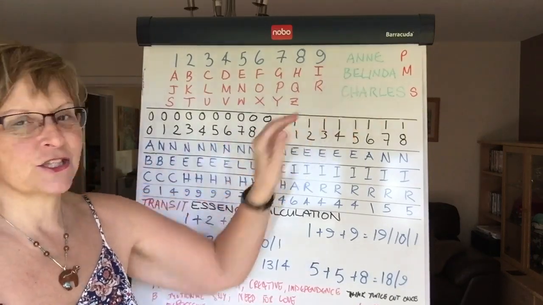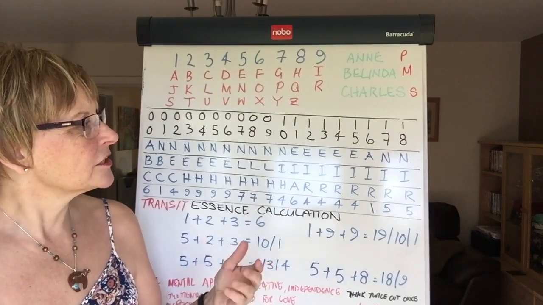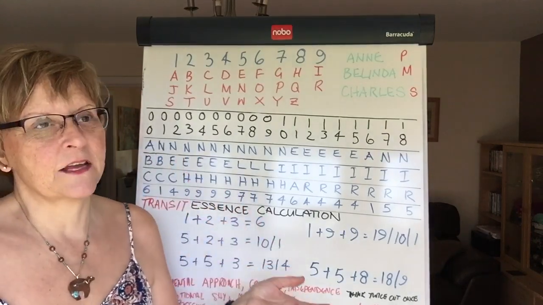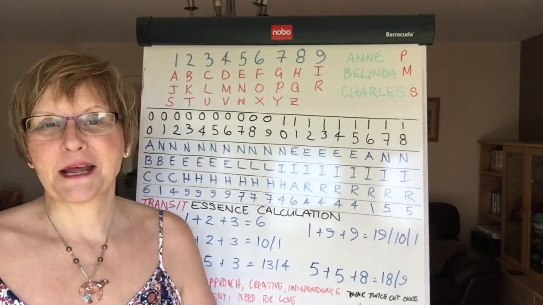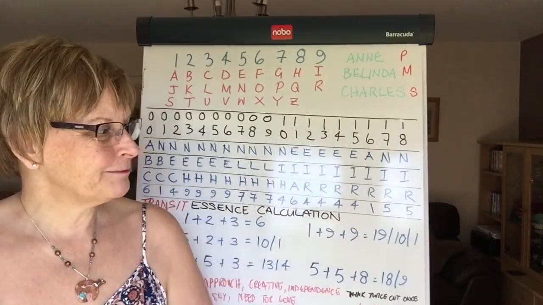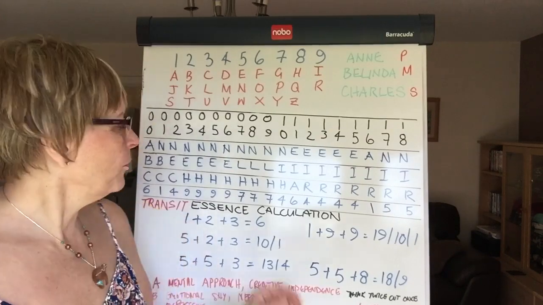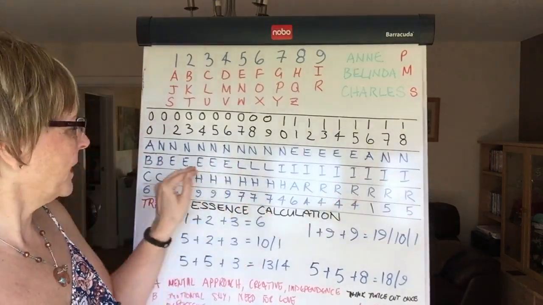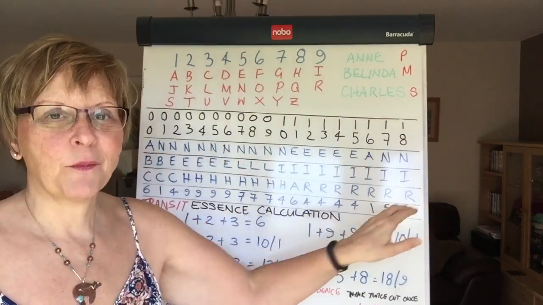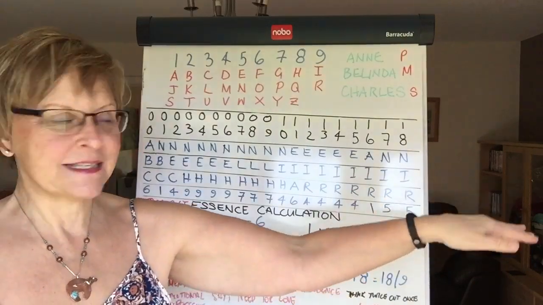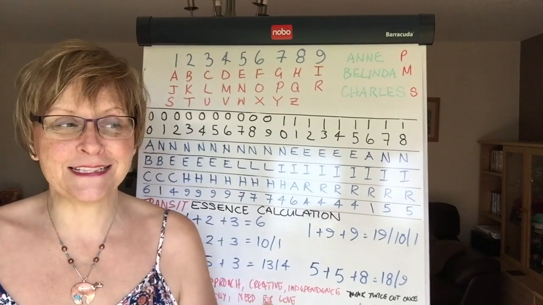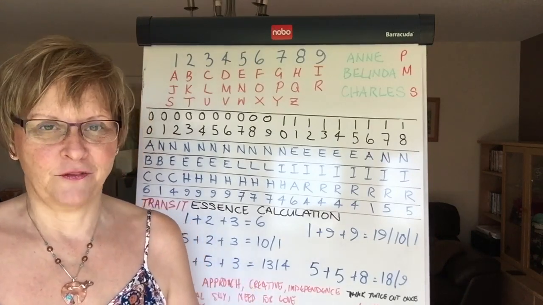So if Anne Belinda Charles had a second middle name or a third middle name, let's say it was Belinda, Emily, Sarah, we would work the same format, Belinda, Emily, Sarah, and we'd go round again, Belinda, Emily, Sarah, like we've done here with Anne, where it starts again. I hope I've cleared up some of your questions.